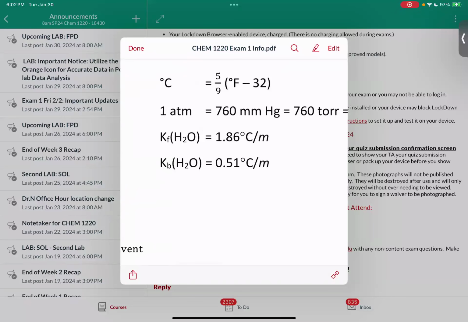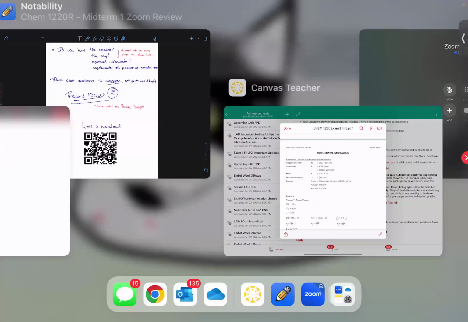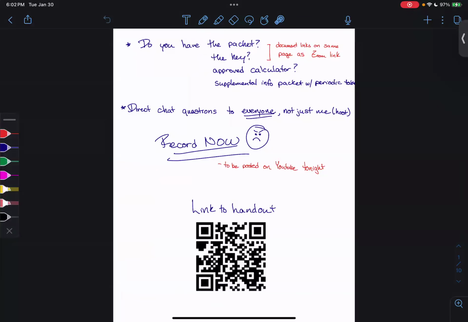All right, so let me go back to my thing. Everyone hopefully has that document, and people on Zoom, 117 of you, please right now change your chat box setting to everyone.